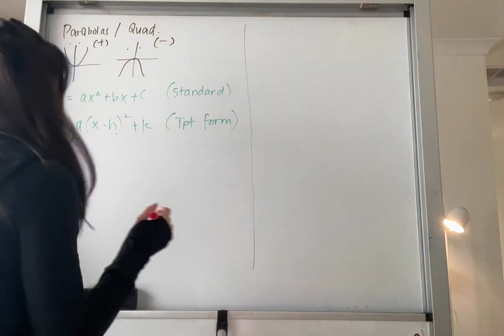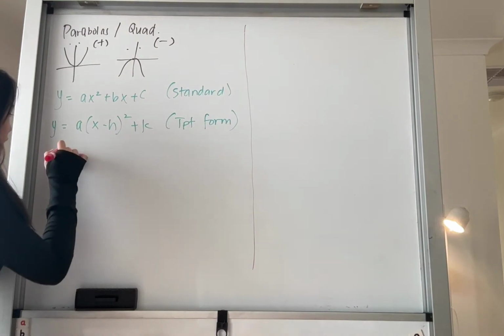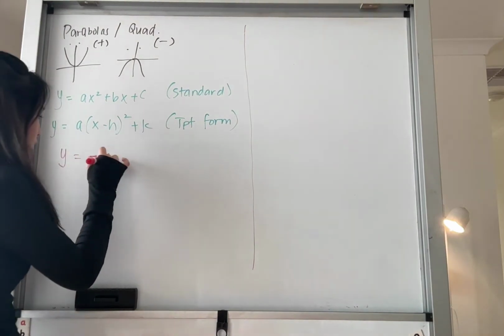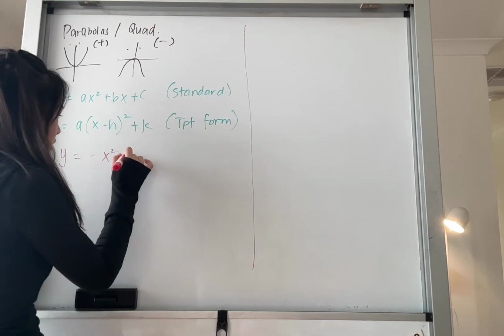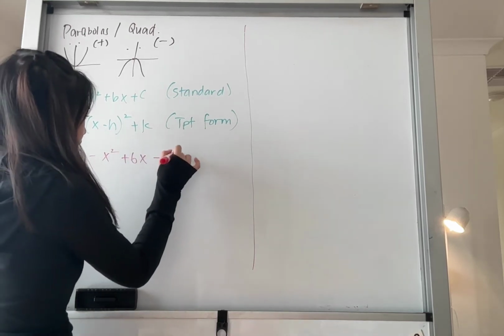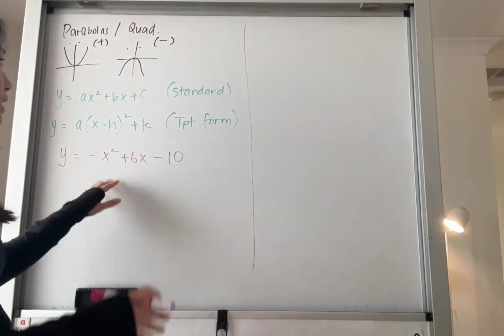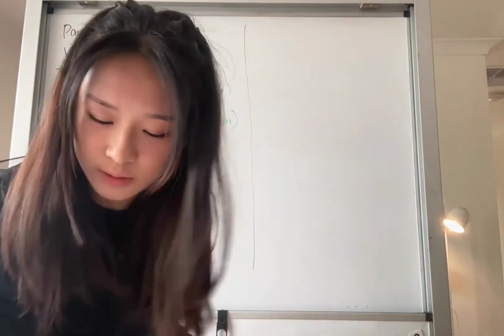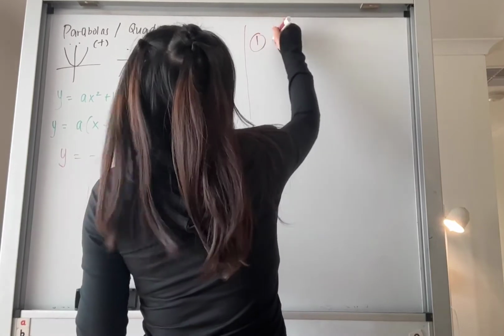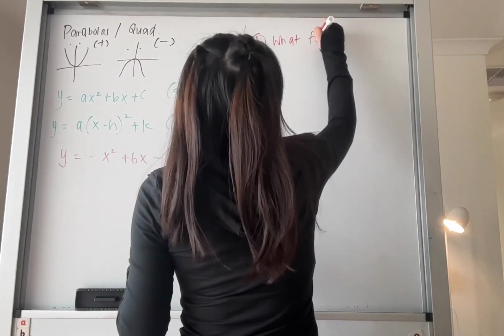Okay, let's continue. For an example, I'll give you guys this one, x squared plus 6x minus 10. If I'm given this as a function to sketch, I need to think, first step: what form is it in?